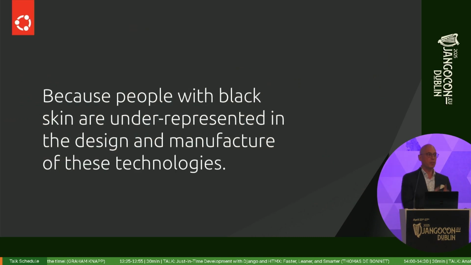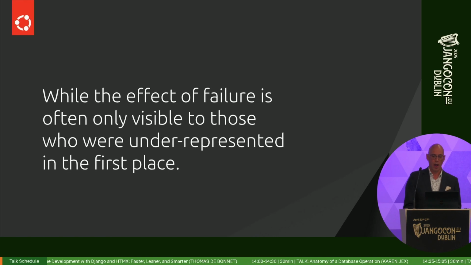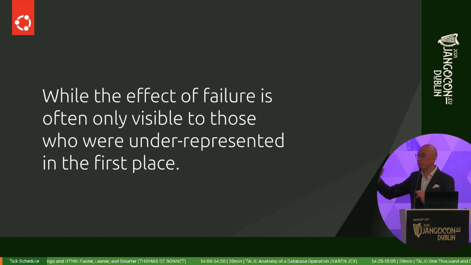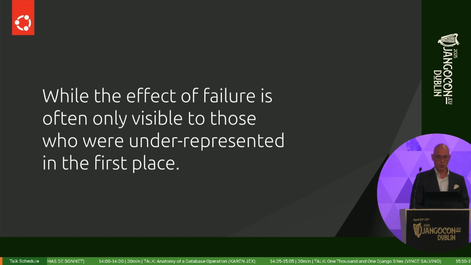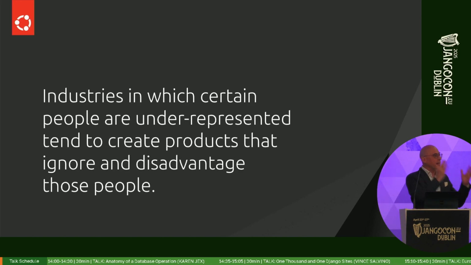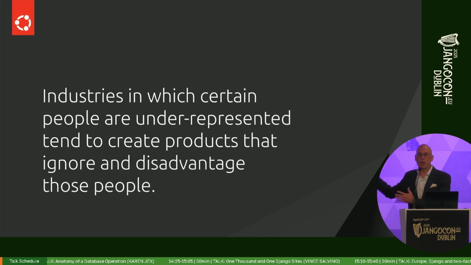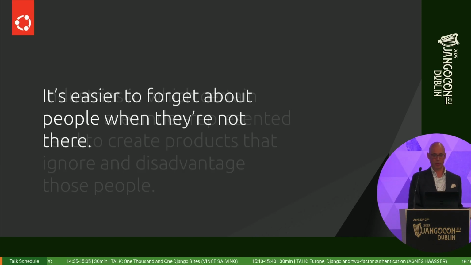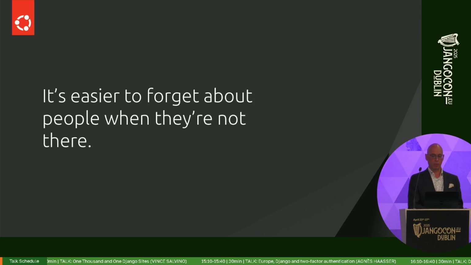And I think one reason is because people with black skin are underrepresented in the design and manufacture of these technologies, while the effect of the failure is often only visible to those who are underrepresented in the first place. In fact, there's a general rule. Industries in which certain people are underrepresented tend to create products that disadvantage those people, because it's easier to forget about people when they're not there.